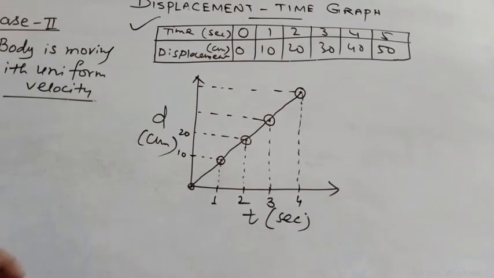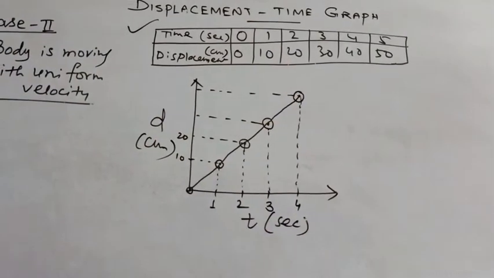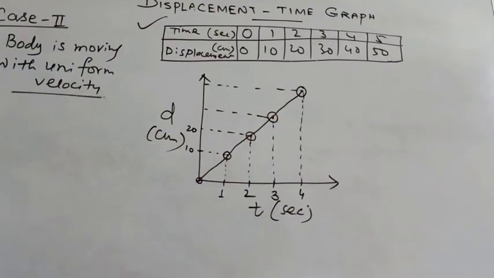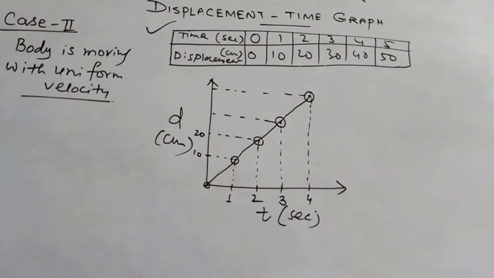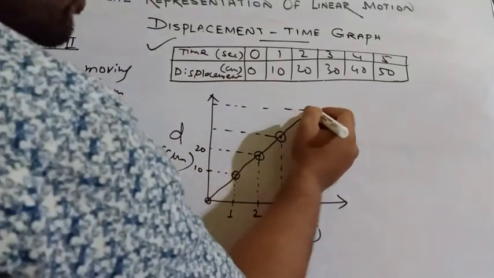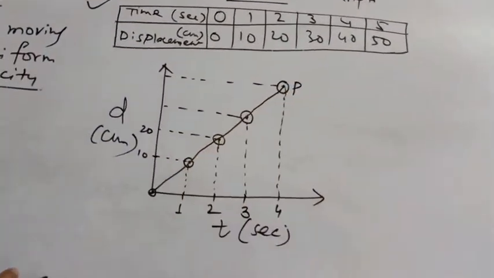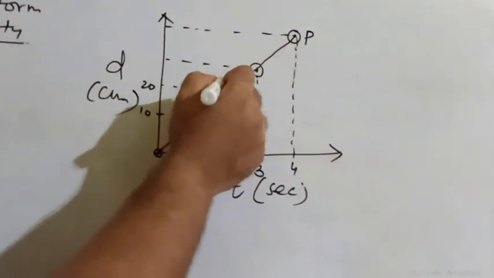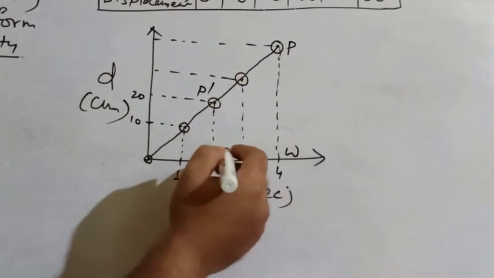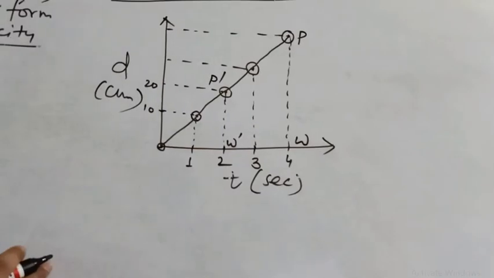Now, how can I obtain the velocity? From here, the velocity of the boy can be obtained by finding the slope. So I will find the slope here. From here I am giving the name P, and here I am giving P dash. At the same time, here I will give W, and here I will give W dash.